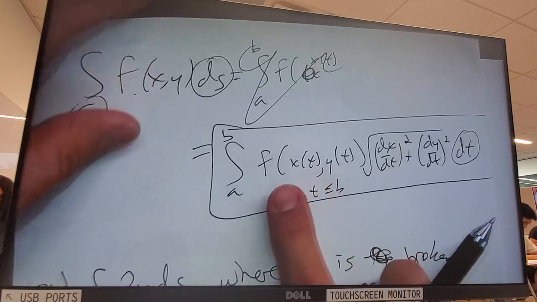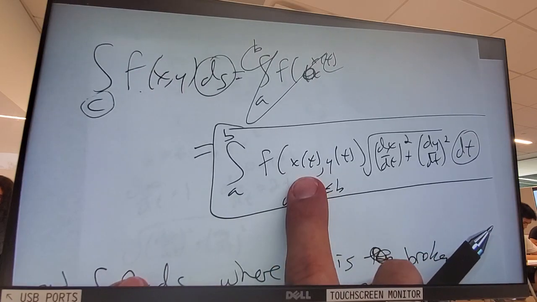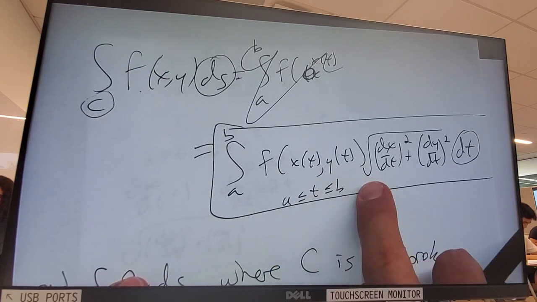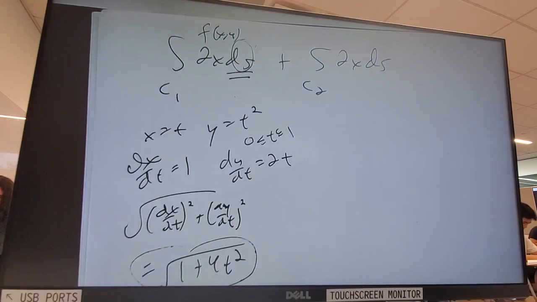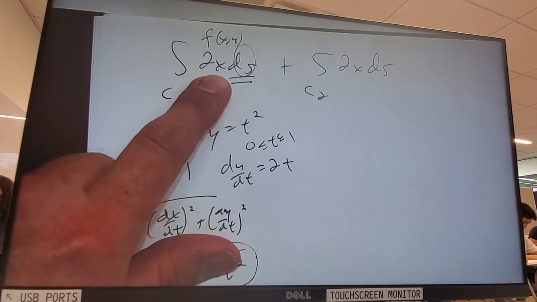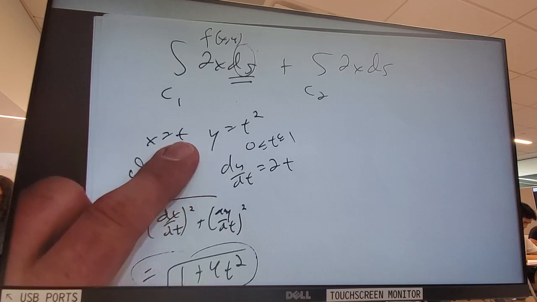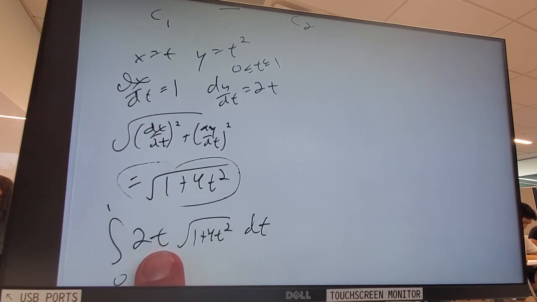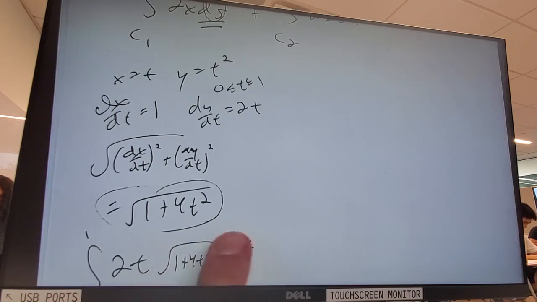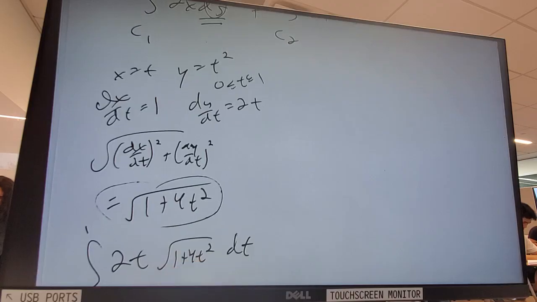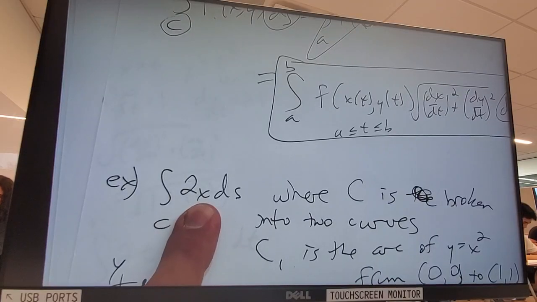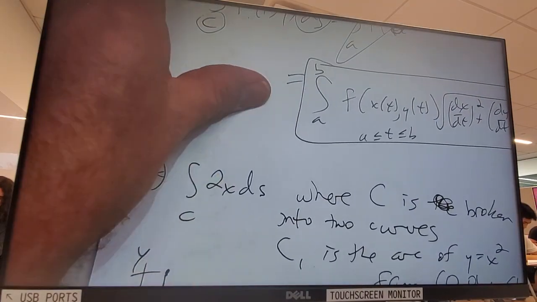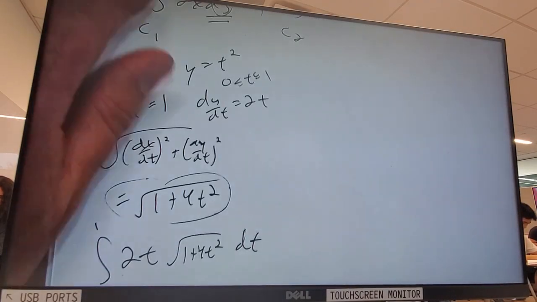Now I changed it into f of x of t, y of t, and this is what ds becomes. So 2x. What's x as a function of t? T. And then ds becomes this thing here. Why 2x? Because that was the problem from the very beginning. Instead of 1 inside, I'm not just getting a length, I'm getting an area of the curtain.